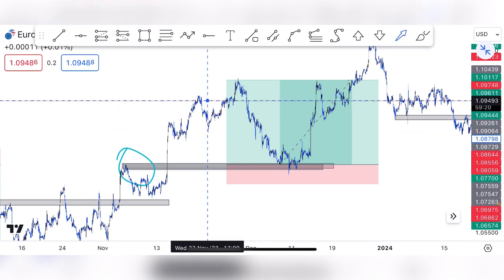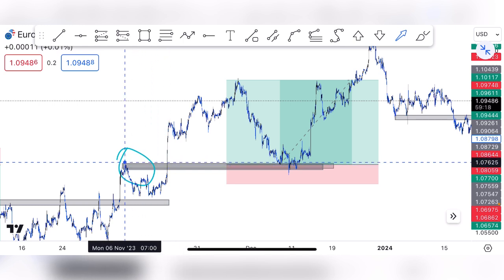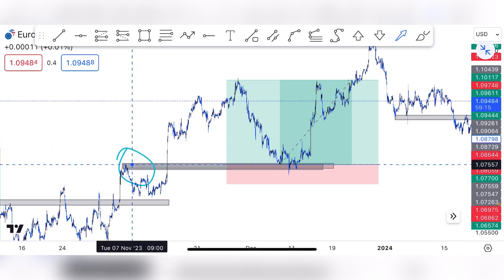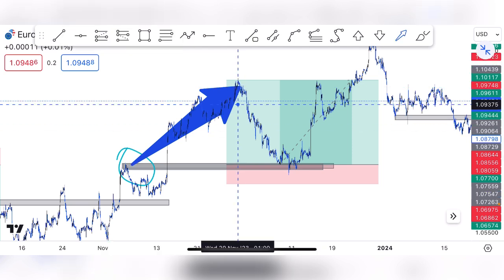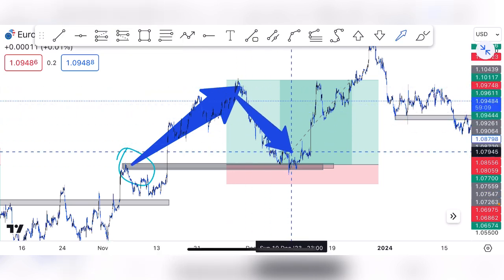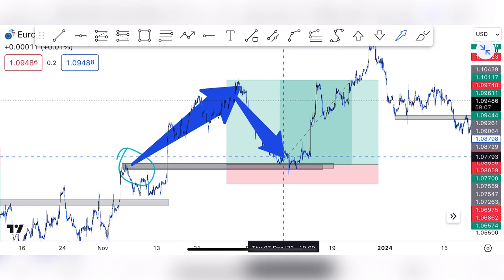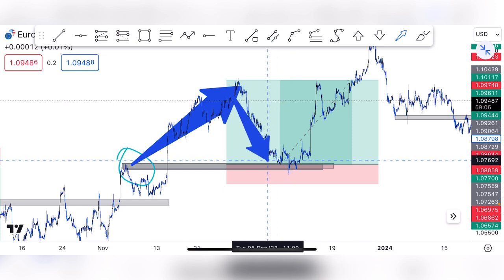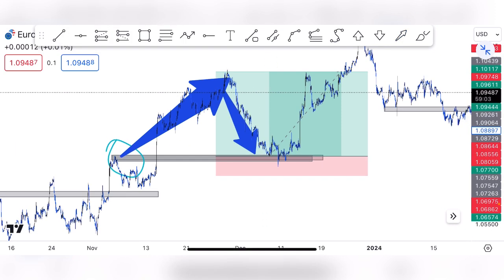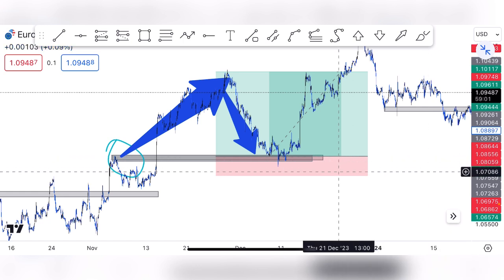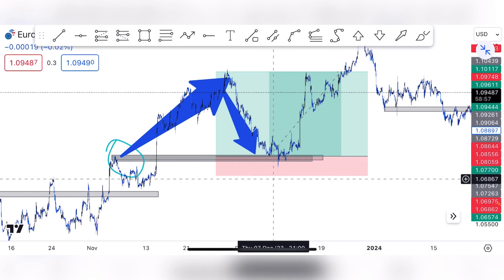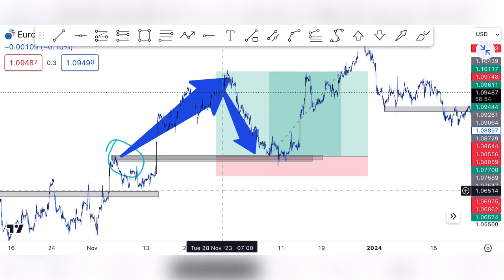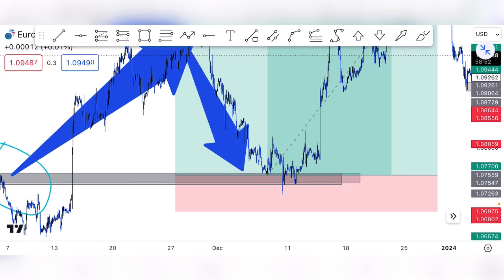See guys, it breaks here, it breaks here, and then came back to retest this particular point. I didn't take the trade right away. I waited for a confirmation.